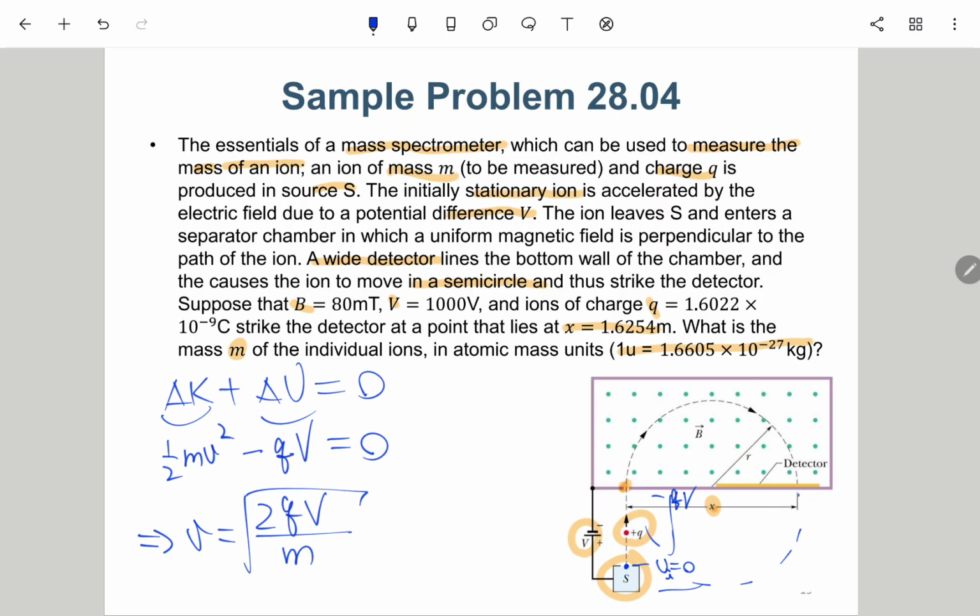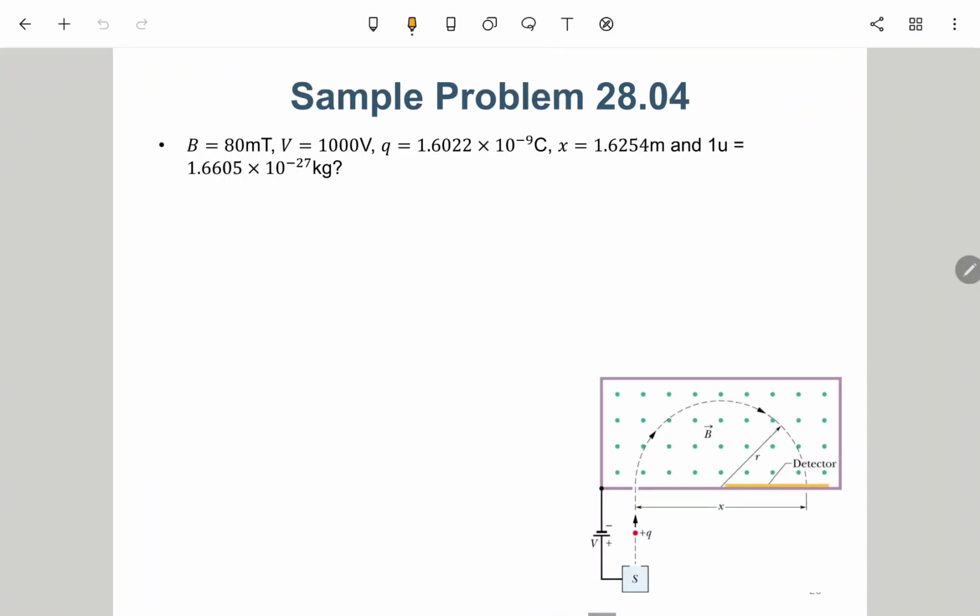So making use of the conservation of mechanical energy, we can find the velocity. Q is known, V is known, also m is known. So all the values are known, and we can calculate the v.